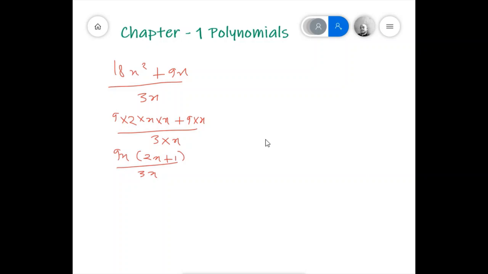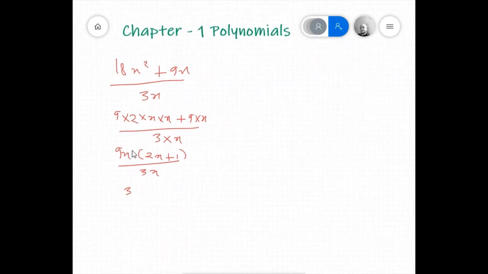When we divide 9x by 3x, we get 3, since 3 threes are 9, and x and x get cancelled. So what is remaining now is 2x plus 1.